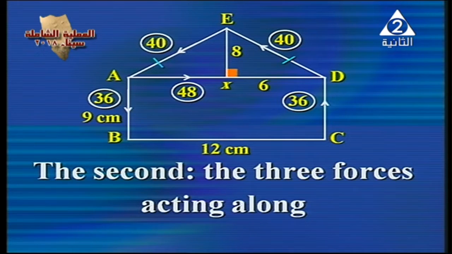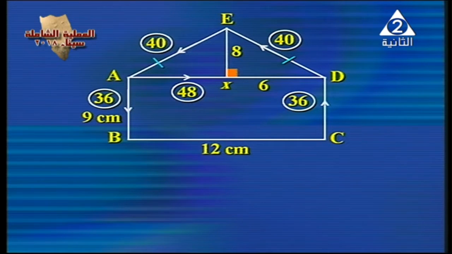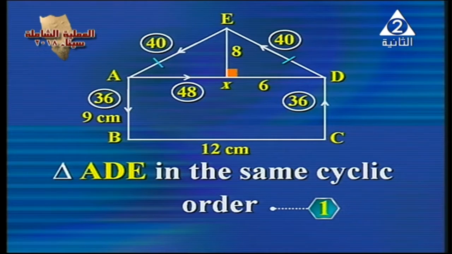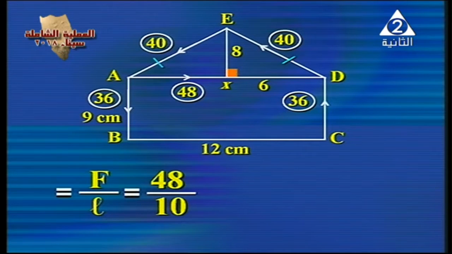the three forces acting along A, D, E. Look at A, D, E in cyclic order. What do we mean? We mean there is a ratio between the force and the length of the side. F over L, 48 over 10 equals 40 over 10. Look at triangle ADE.